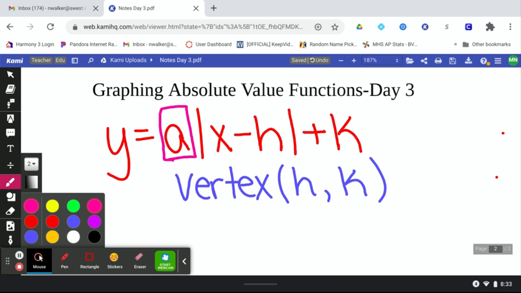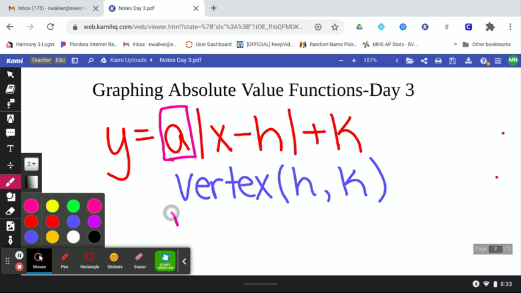If there's not a coefficient in front of the variable, you always just put a 1 there. And it was positive, so it went up 1 and over 1. You can have negative A values that would make your V shape go upside down. You can have different V shapes too, instead of up 1 over 1, it could be up 2 over 1 or up 3 over 1.